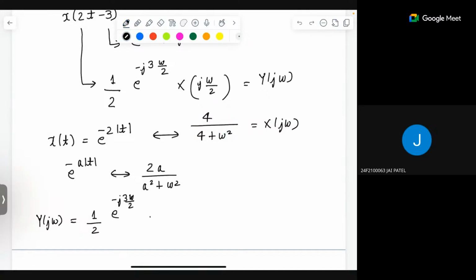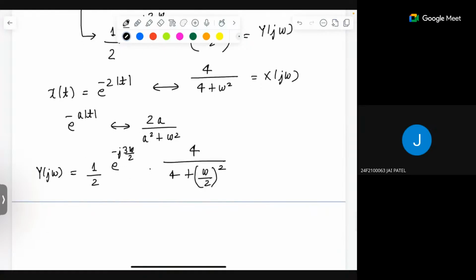So I will have 4 upon 4 plus omega by 2 whole square. Now we will very quickly simplify it. So half e raised to the power of minus j 3 omega by 2.